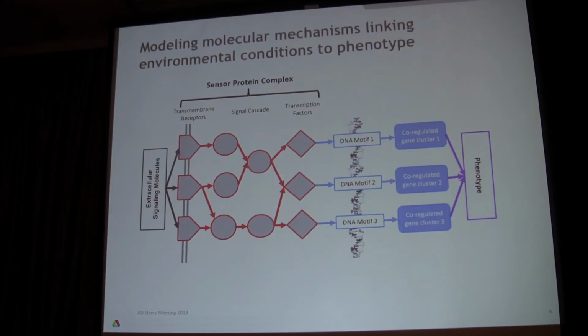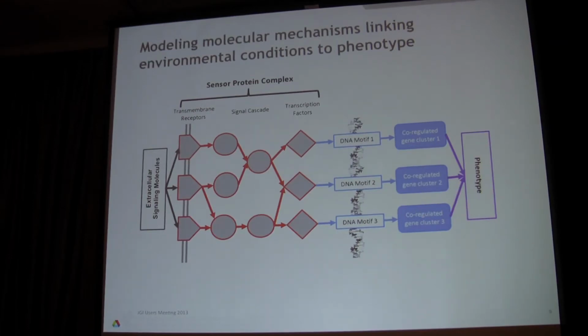The result of that is to change the binding activity of a set of transcription factors. The transcription factors bind to characterized DNA motifs. These motifs drive co-regulated gene clusters. The observed phenotype is a function of our change in expression.